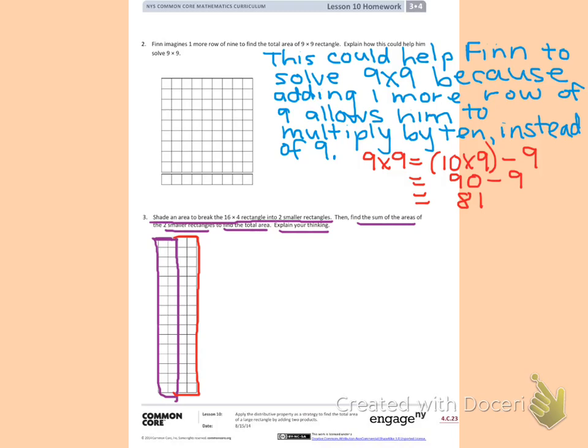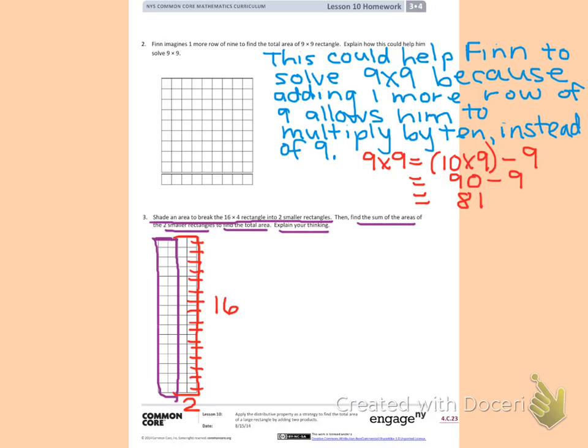The red rectangle has two columns, and 1, 2, 3, 4, 5, 6, 7, 8, 9, 10, 11, 12, 13, 14, 15, 16 rows.